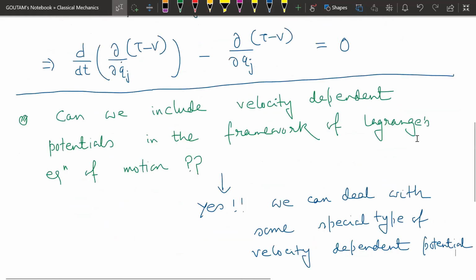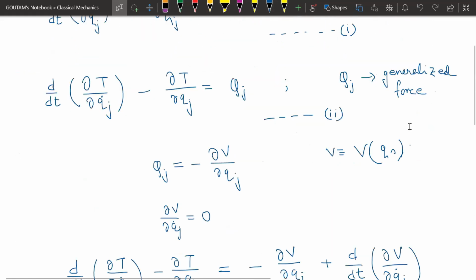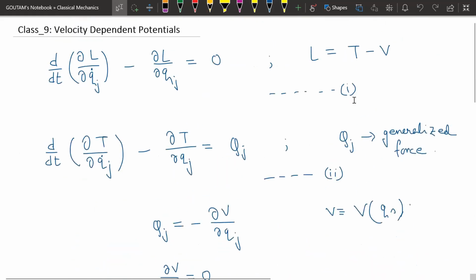So what is this special type? Let's look at equation 3 and equation 1.